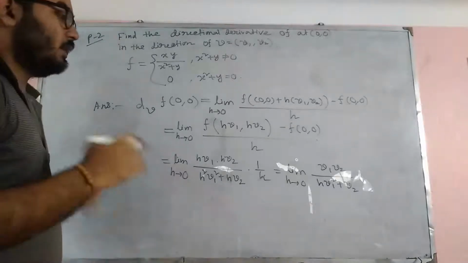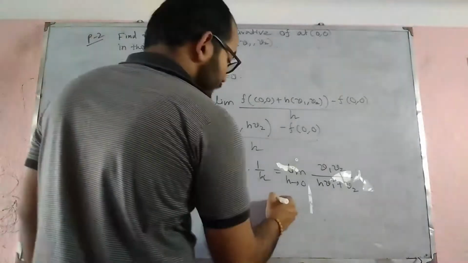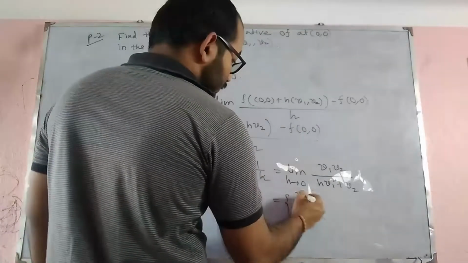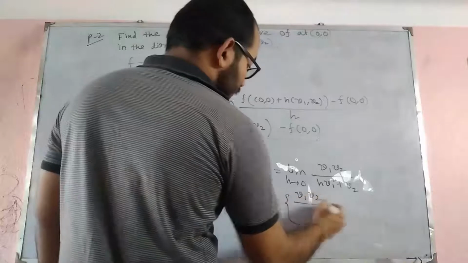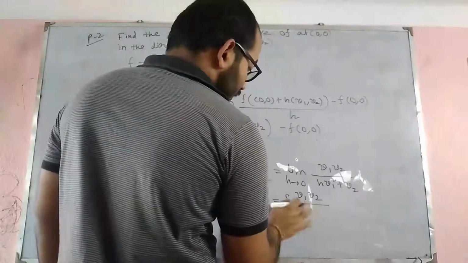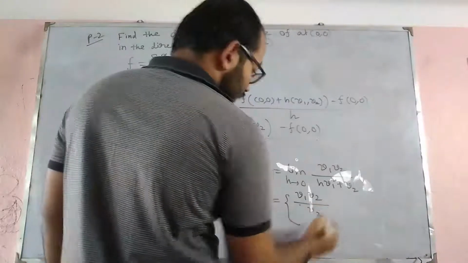And if we apply the limit h tends to 0, then we get the expression v1 v2 by v2.